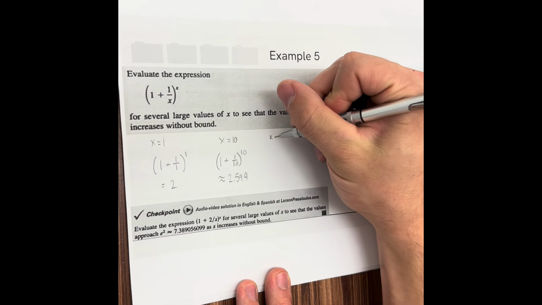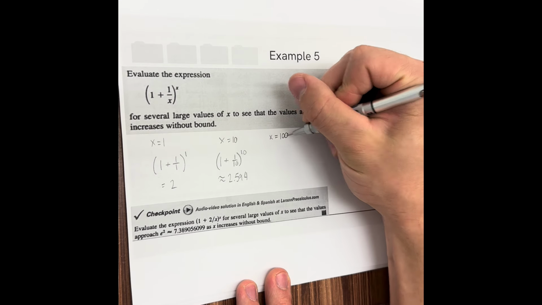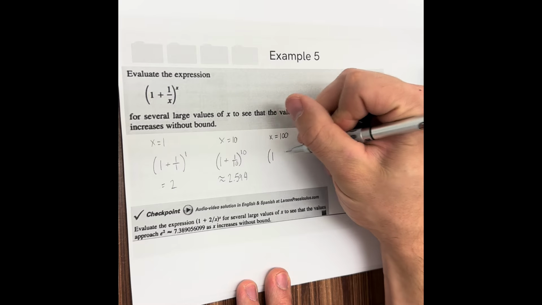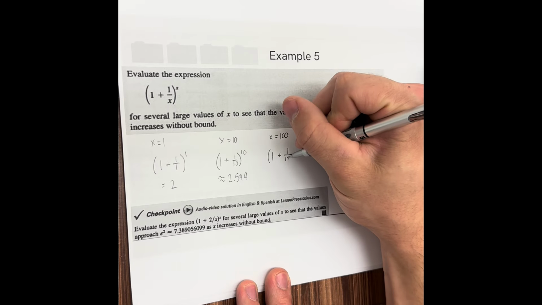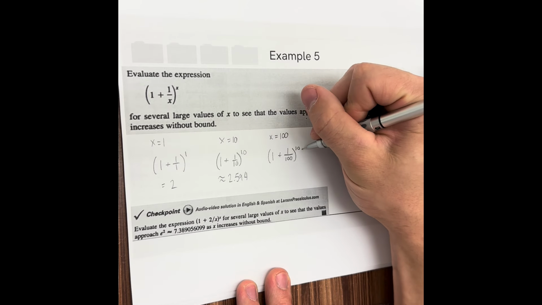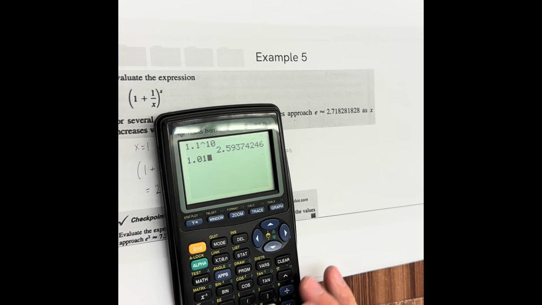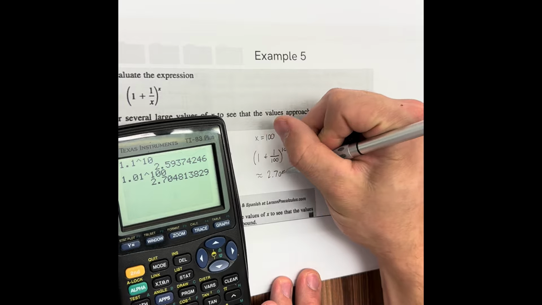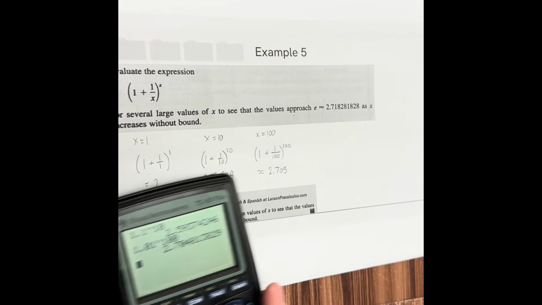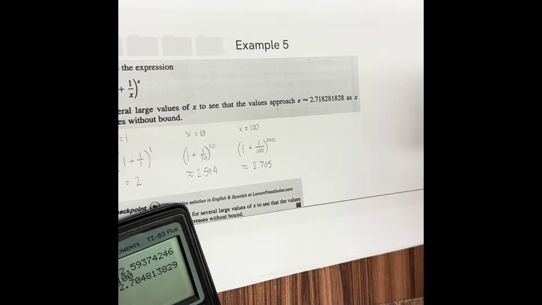Now let's go with a larger number. x equals 100. So we have 1 plus 1 over 100 to the power of 100. This time we have 1.01 to the power of 100, 2.704. So this is approximately 2.705. All right. So again, we can see that we're getting closer.